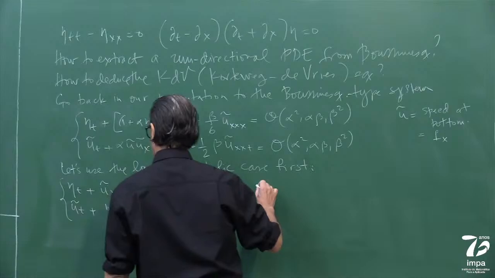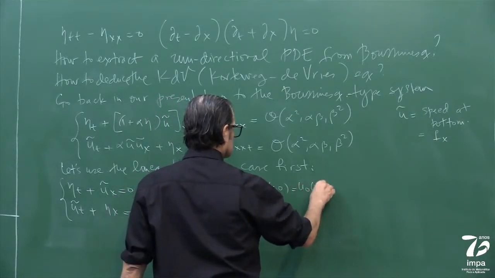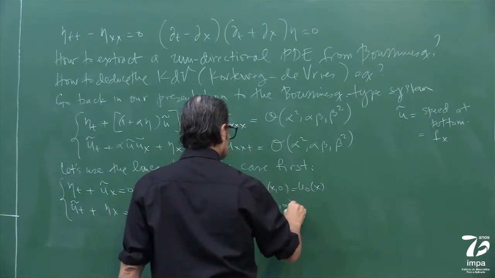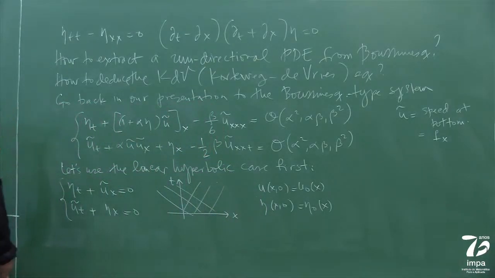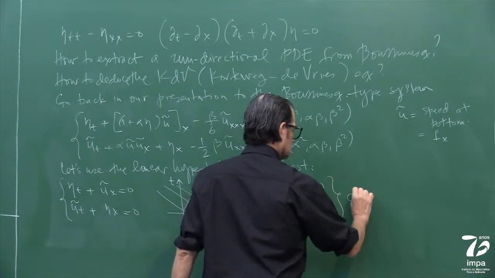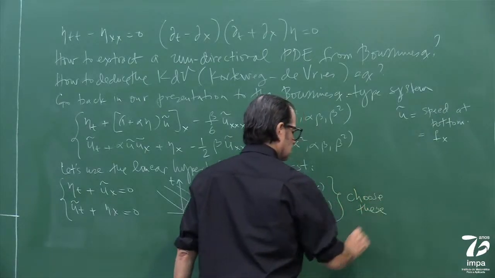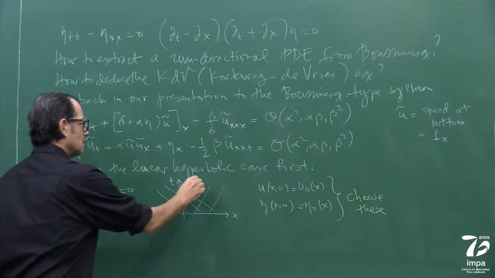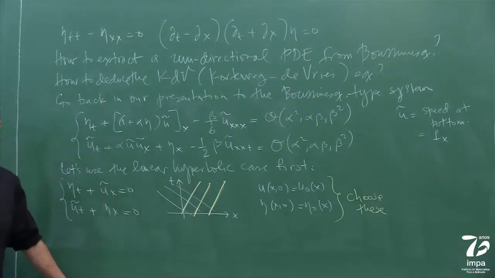Let me ask it in a better way. This has initial conditions. So how do I choose these initial conditions so that I only have right-going information, a right-going wave?